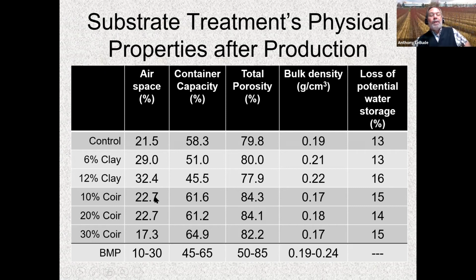Now, if we look at the coir, it's a little bit different. It improved the total porosity, total airspace. If you look in the total porosity section, it was a lot more than the other substrates, and it improved the airspace slightly in the 10 and 20% range over the control, not much, but definitely a lot more water holding capacity in the 10 and the 20% range compared to 30%. And that's exactly what it's supposed to do.